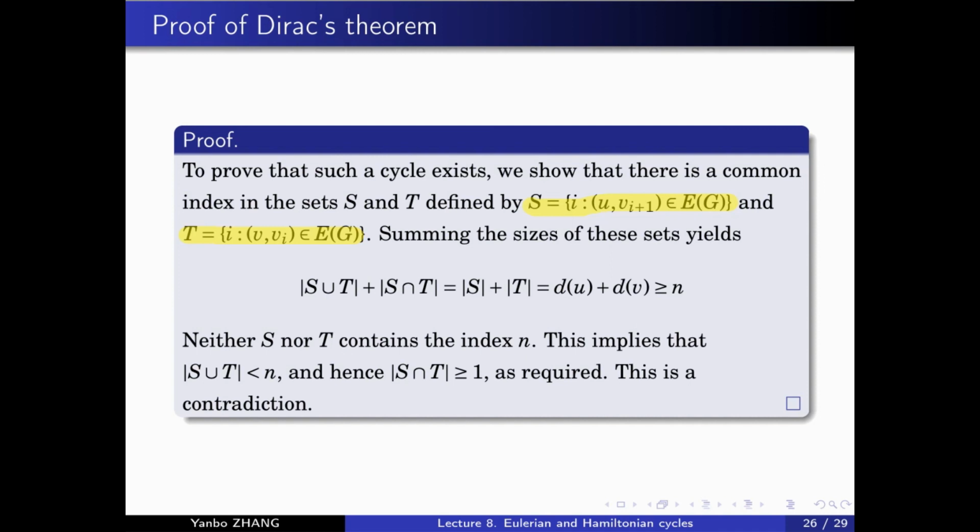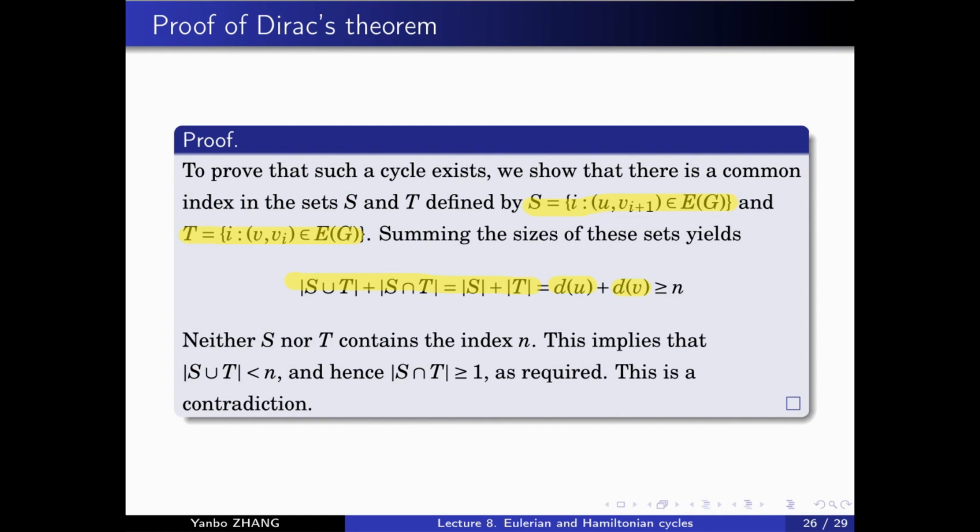Summing the sizes yields size of S union T plus size of S intersection T equals size of S plus size of T. This is a simple result in set theory. Size of S equals du and size of T equals dv. So size of S plus size of T equals du plus dv, which is greater than or equal to n.